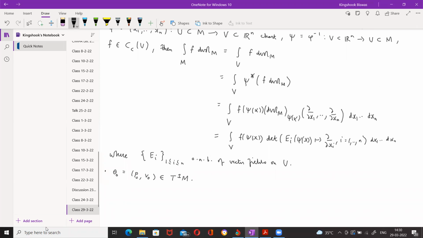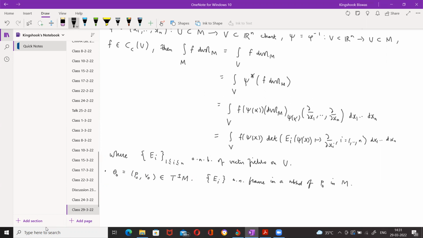And let me take e_i to be an orthonormal frame in a neighborhood of p0 in N. Okay.